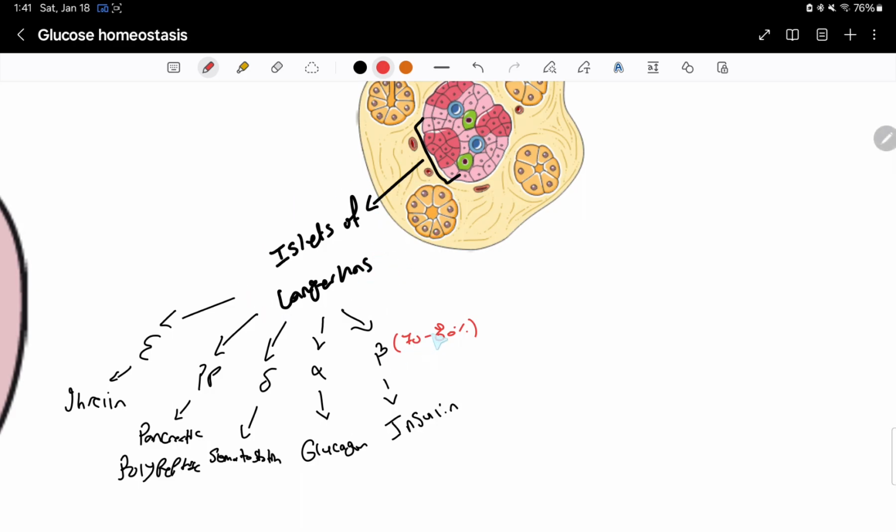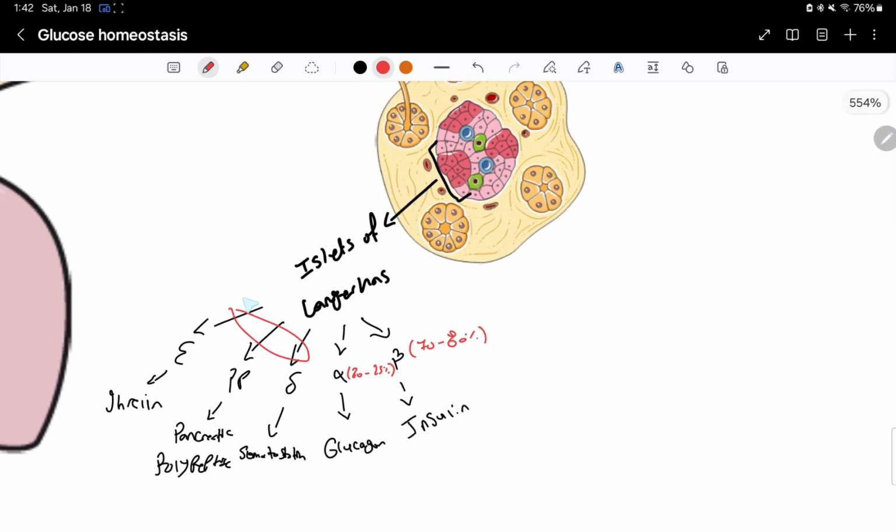So the beta cells take up about 70 to 80% of the islets of Langerhans. The alpha cells are about 20 to 25%. And you can actually say that the remaining 3 of these contribute to about 5 to 10% of the islets of Langerhans.